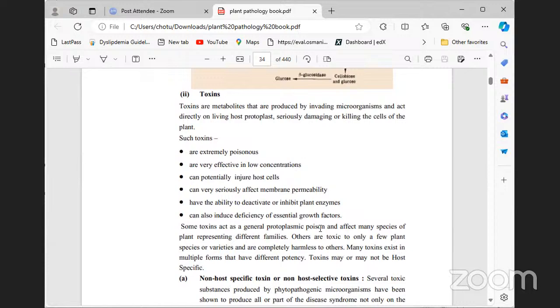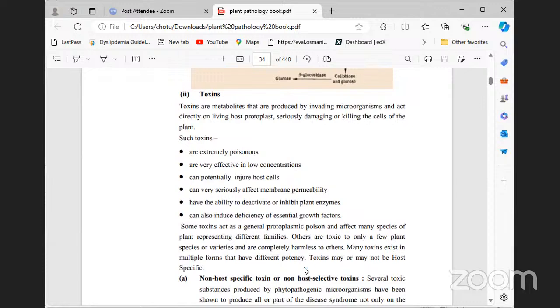Some toxins act as general protoplasmic poisons and affect many species of plants in different families.